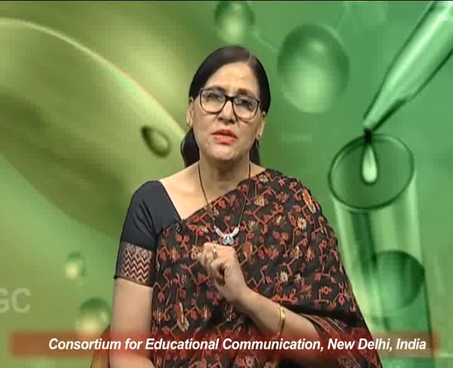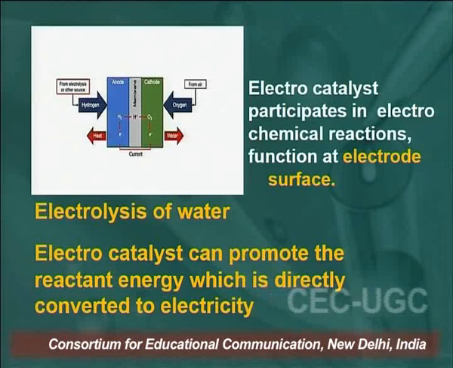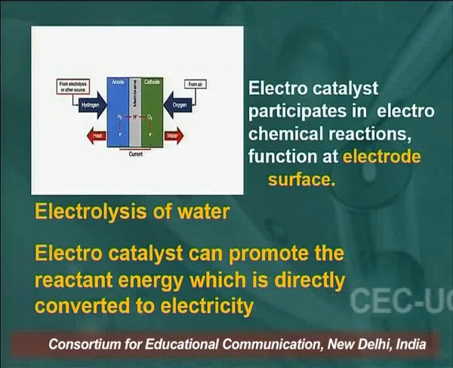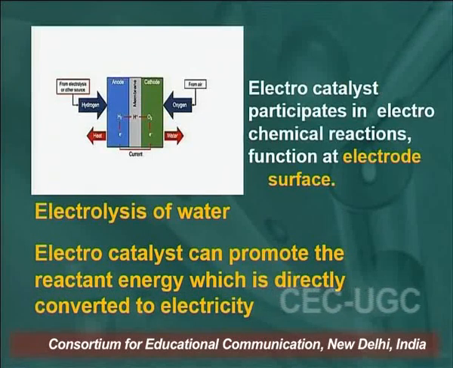Another important example you can see on your screen, electrocatalyst, electrolysis of water. In electrolysis of water, electrocatalyst can promote the reactant energy which is directly converted to electricity. So the electrocatalyst participates in electrochemical reactions and functions at the electrode surface.